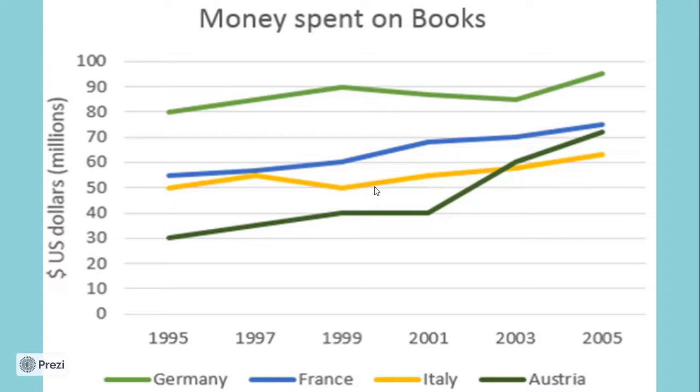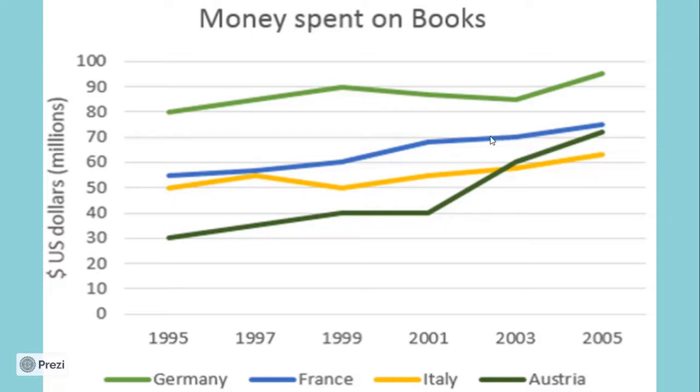And then we can also write about a feature that is most noticeable. As we can see, Austria's expenditure is the most noticeable feature in this line graph because at first it only started around 30 million US dollars, and then in the end of period it doubled to more than 70 million US dollars.